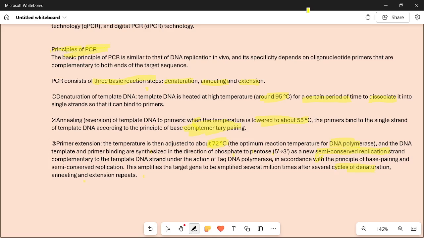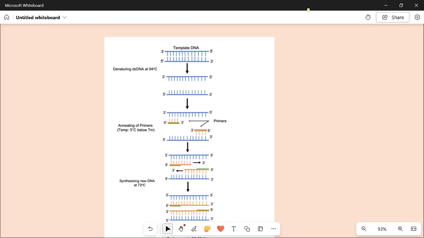So mainly we have three main steps: denaturation, annealing, and primer extension. Let me show the diagrams. This is the double-stranded template DNA with the target sequence. Once the PCR starts, we have the first step, denaturation, where we separate the double-stranded DNA into single strands around 94 to 95 degrees Celsius. Once we get the single-stranded DNA, the next step is annealing.